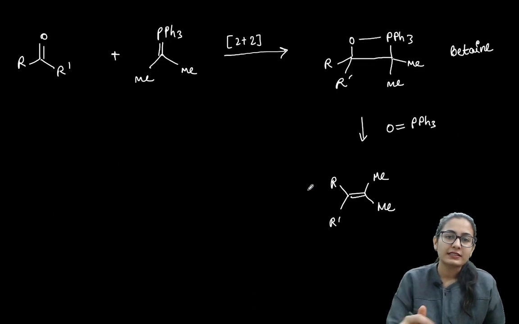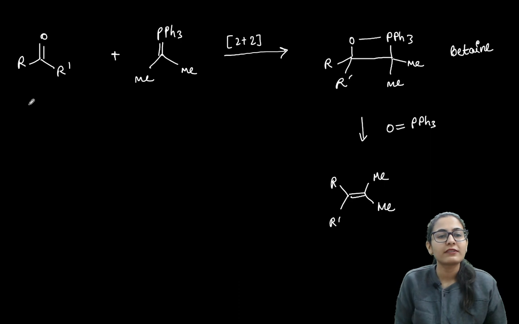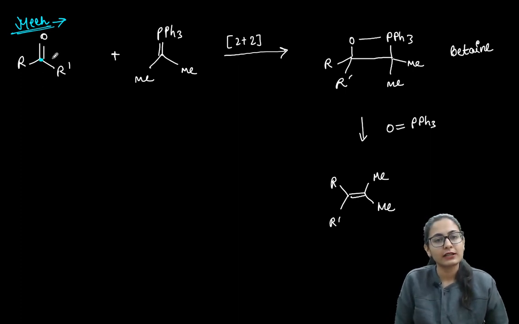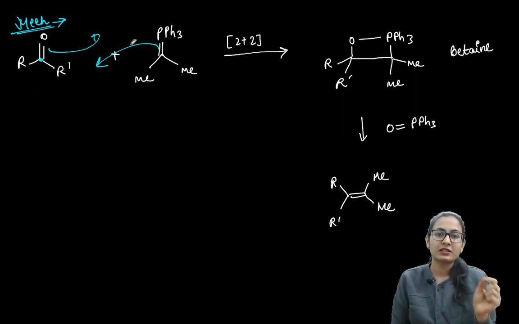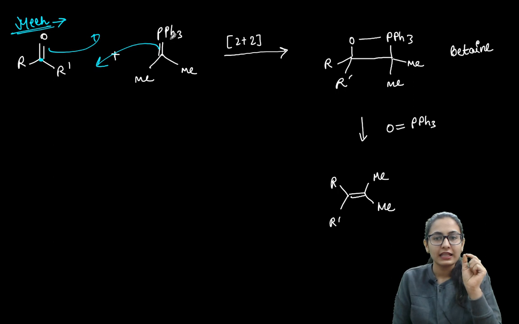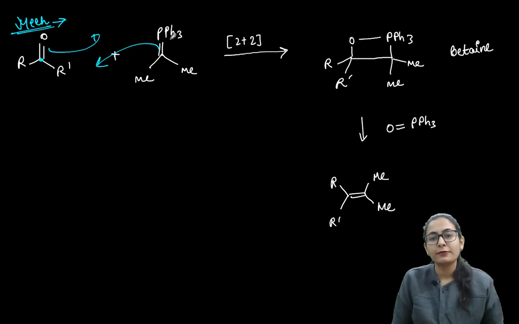Okay, yes. Now we move onwards very quickly to see the mechanism of the Wittig reaction. Super easy mechanism. Let's see what happens. So first of all, guys, it is like a 2+2 cycloaddition like this, and you have to keep the oxygen on the phosphorus side only. This gives you a four-membered oxaphosphetane intermediate, which you simply call the betaine intermediate also.